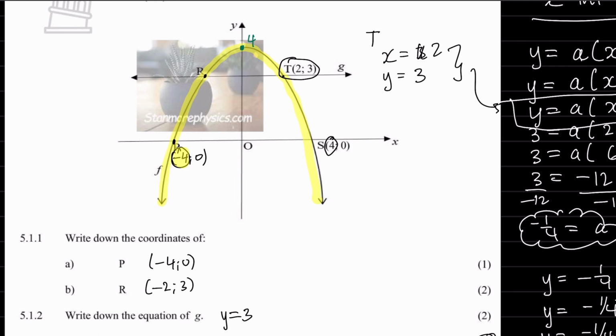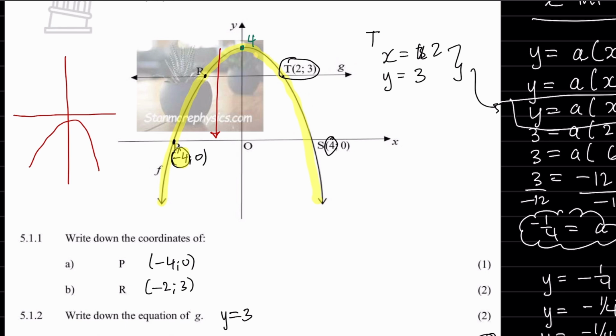So if we shift this graph downward like so, then the graph can look like this. And if we move the graph downward like that, you can see that it's not cutting the x-axis anymore. There are no x-intercepts.